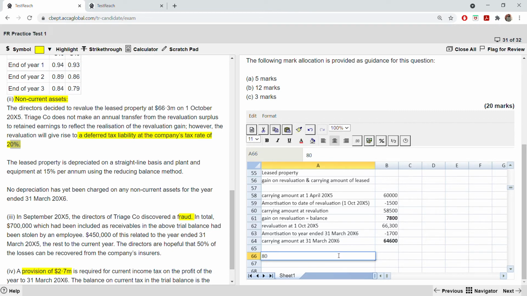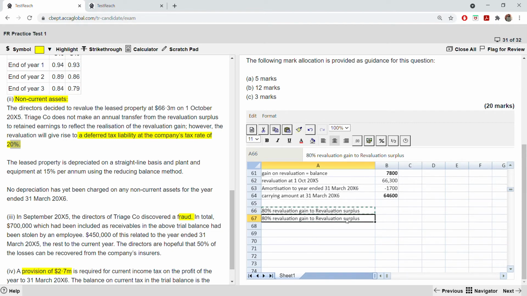80% of the revaluation gain to revaluation surplus. 20% to deferred tax.